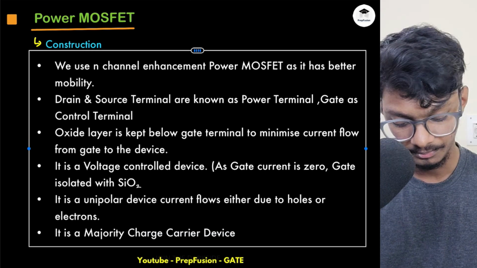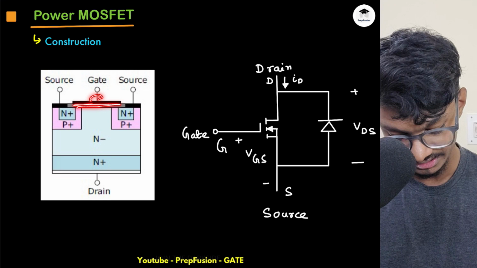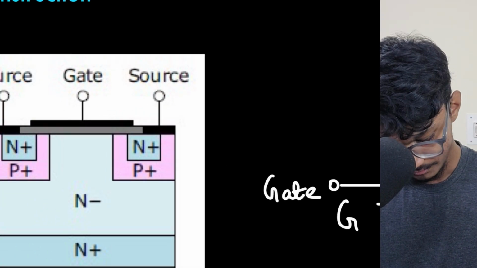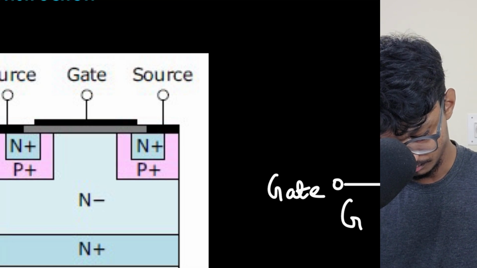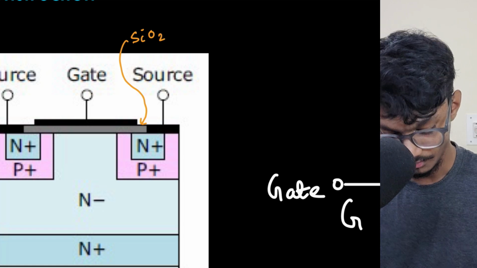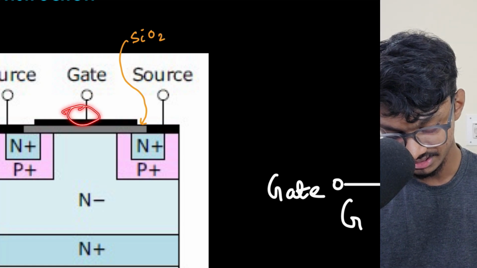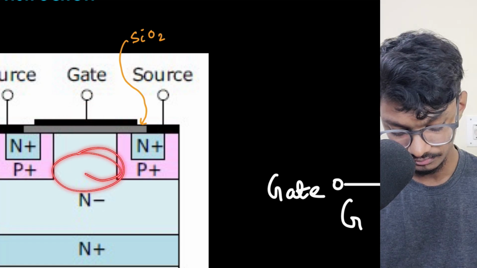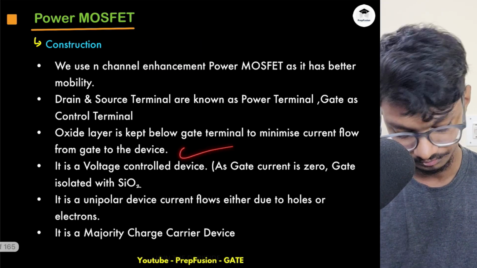So basically, we place an oxide layer just below this gate terminal. This is the oxide layer, the SiO2 layer, which we place to totally isolate this gate from the source terminal, right? So that no current flows through it, no leakage current is there, so gate current is always 0.